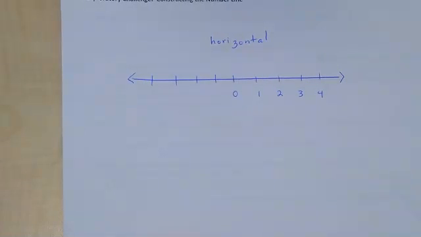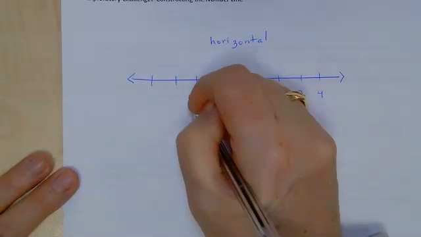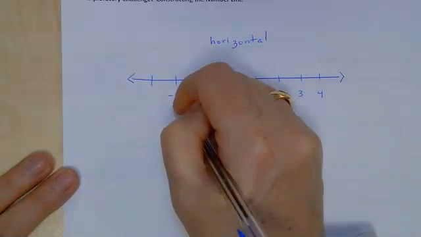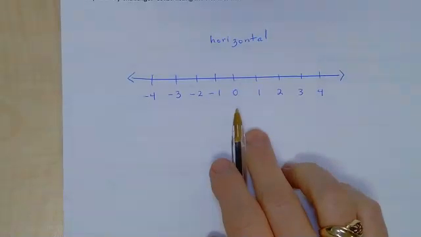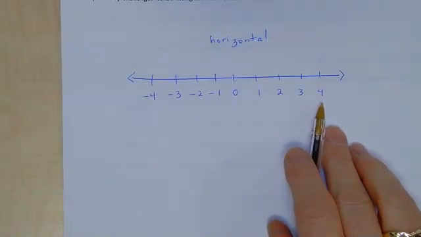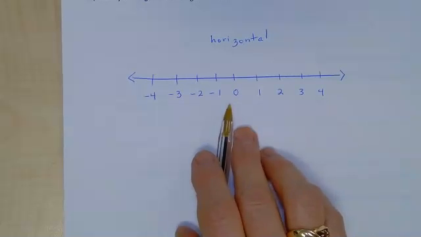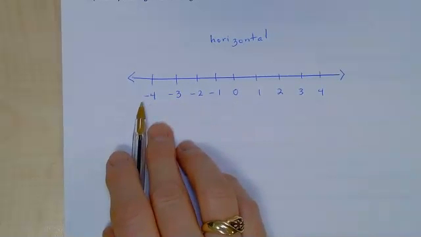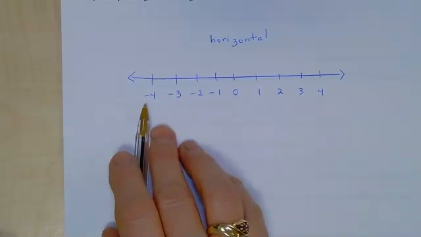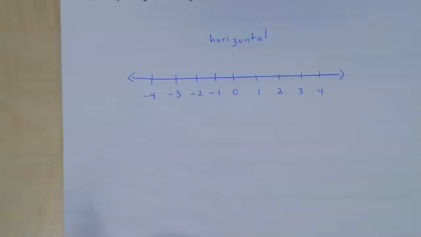So watch the pattern of putting negative numbers on the number line. It looks like this. So the farther away you get from 0, the bigger the digits are, right? 1, 2, 3, 4. And here, 1, 2, 3, 4 is as you get farther away, the numbers go like that. All right?